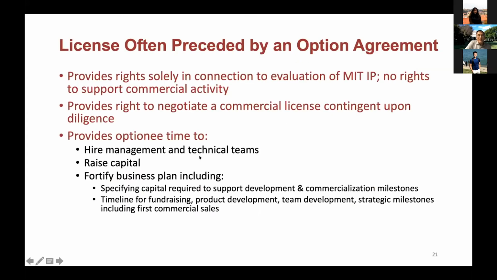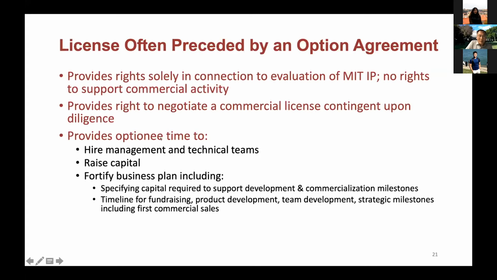So for MIT licenses, they are often preceded by an option agreement. This is kind of important to push the deal through. It provides the right solely in connection with evaluation of MIT IP, with no rights to support commercial activity. It provides the right to negotiate a commercial license, contingent upon due diligence.